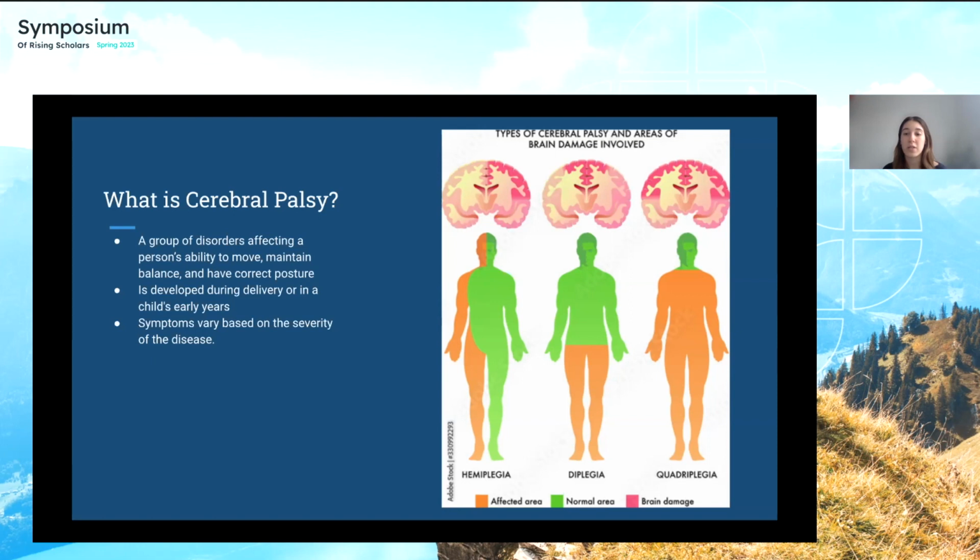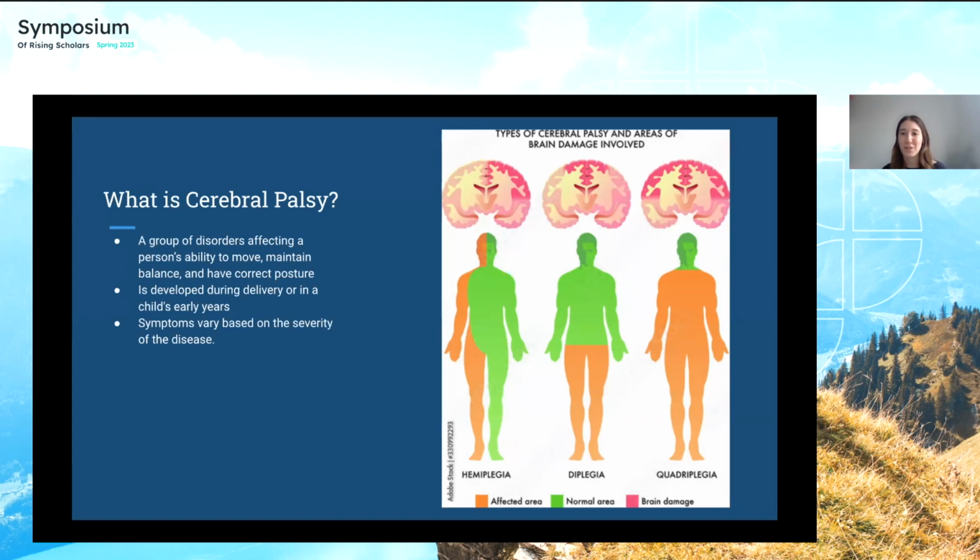Symptoms of cerebral palsy can vary based on the severity of the disease. If you draw your attention to the image on the slideshow, you'll see figures covered in green and orange. The orange represents the affected area and the green represents the functioning areas. The first figure is hemiplegic, in which half of the body is non-functioning and the other half is functioning.